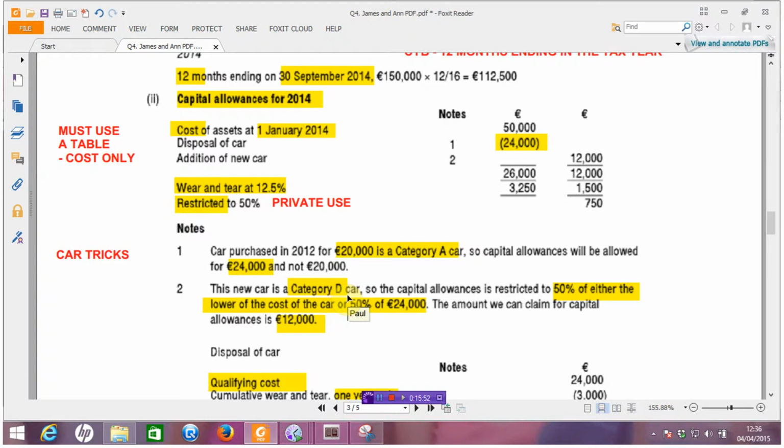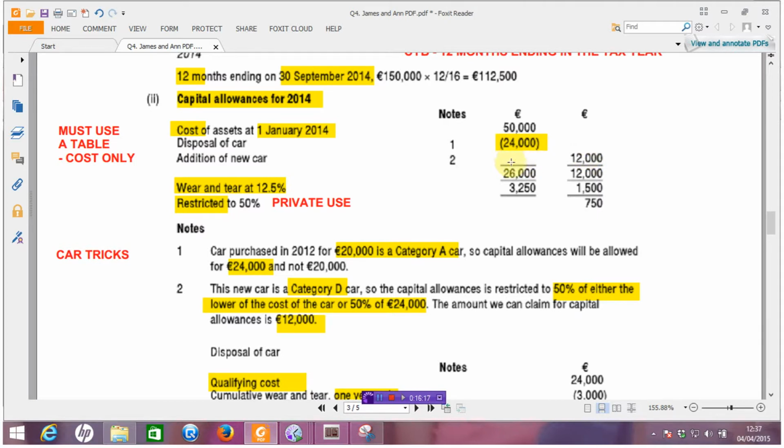And in effect, what we're left with is two possibilities. The cap allowance is restricted, or the cost that we're going to reduce is either 50% of the lower of the cost of the car or 50% of 24,000, whichever is lower. And in this case, it's the 50% of 24,000, which is lower, because that gives us 12.